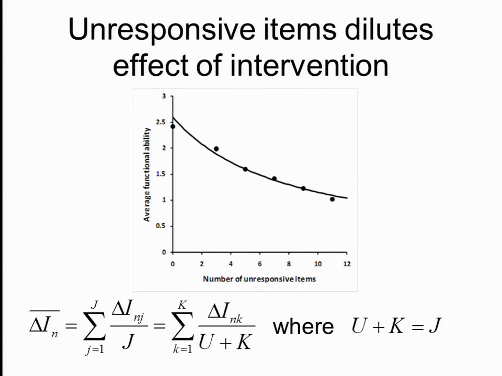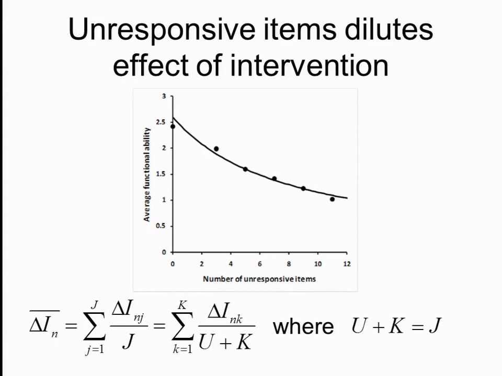Okay, if we go back to our average change in item measures with this concept of average functional reserve, we're going over J items, and in this case J is 19, all 19 items. We can think of J as made up of two numbers. U is the unresponsive items, so there are 11 of those.